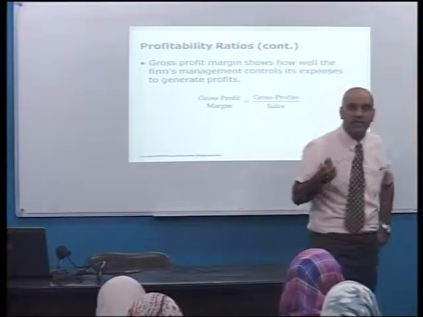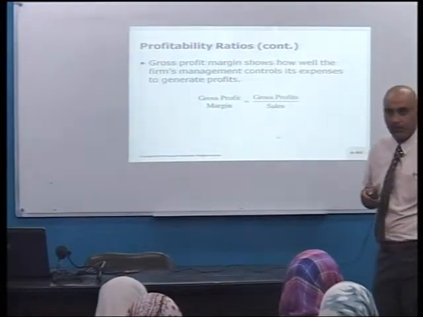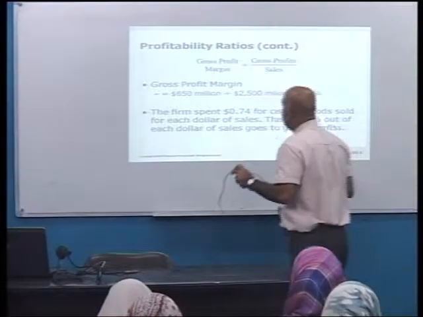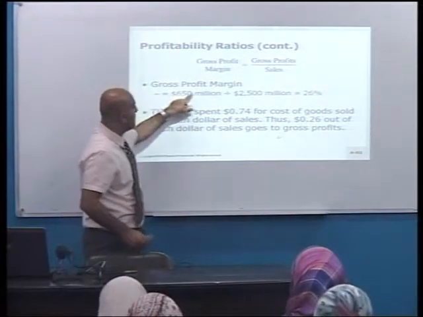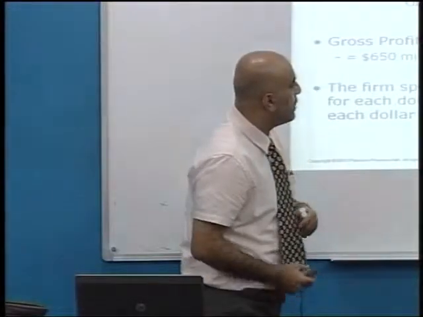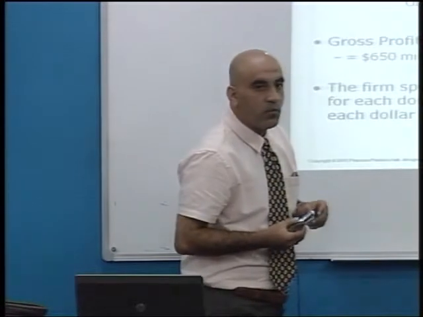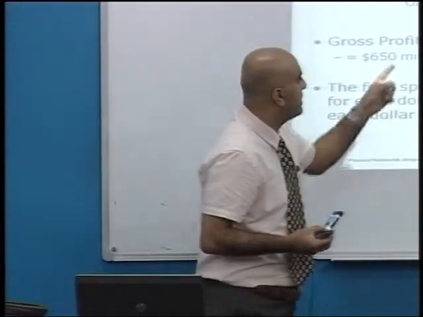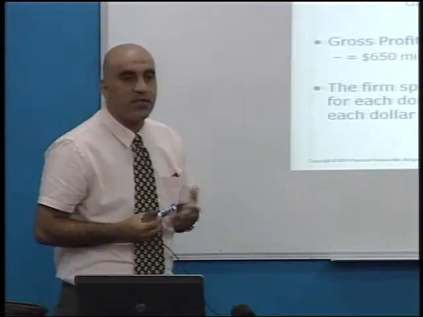Gross profit margin is the gross profit divided by sales. If you calculate this, gross profit of 650 million over sales of 2,500, you have 26%. At 26%, it means $1 in sales generates 26 cents as gross profit.